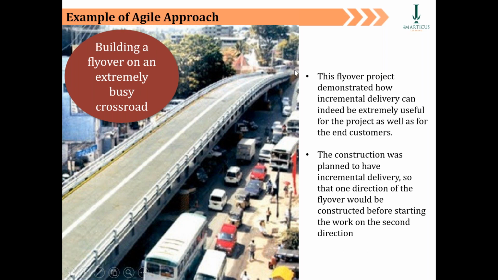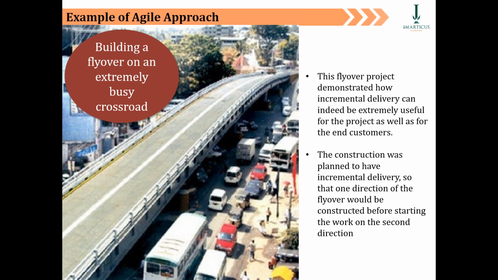And that way, with a big bang, they will open up the flyover to the entire public transport. This was the earlier way of doing it. There was nothing called incremental delivery of a project, which means you build some minimum product which the public transport can enjoy before you build the next phases of your project, just like the way we do in agile.